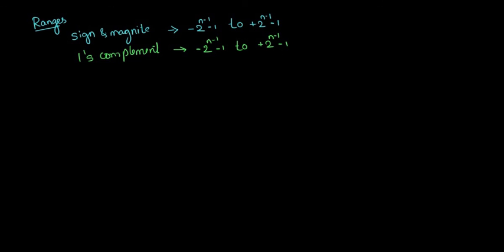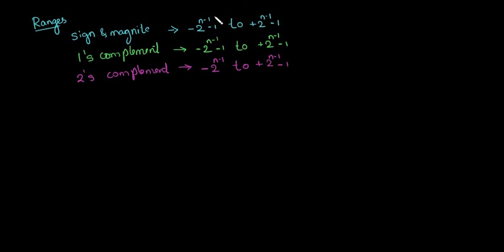And for 2's complement representation, the range is minus 2 power n minus 1 to plus 2 power n minus 1 minus 1.